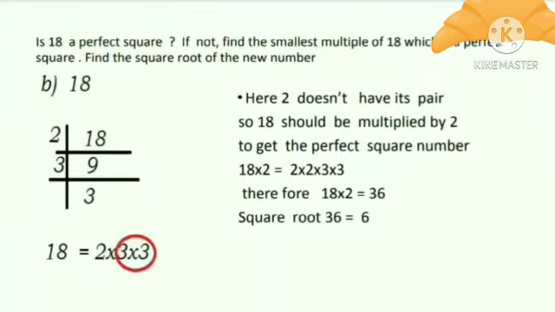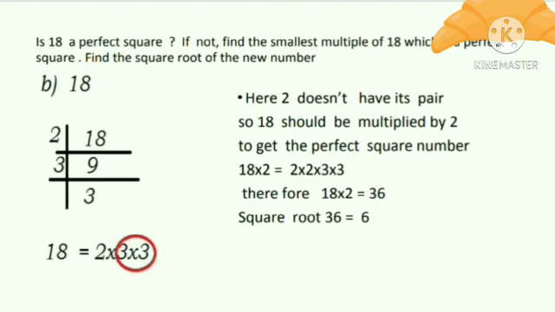Here we are going to solve some questions under perfect squares and square roots. Is 18 a perfect square? If not, find the smallest multiple of 18 which is a perfect square. Find the square root of the new number. 18: by using the least common multiple, now we are going to do this. 2 nines are 18, 3 threes are 9.